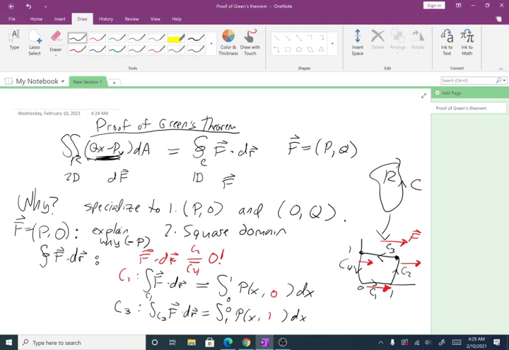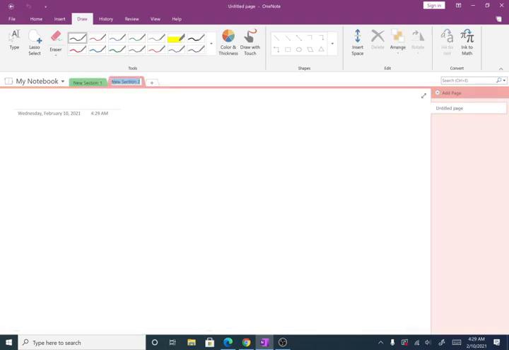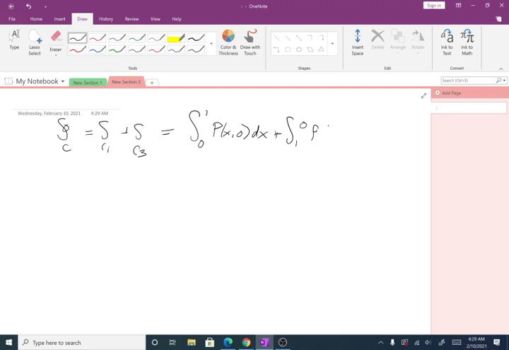So now let's add these two things. Our integral is actually equal to the integral over C1 plus that over C3. Remember, C2 and C4 are 0. So we know it's the integral from 0 to 1 of P(x,0) plus the integral from 1 to 0 of P(x,1).